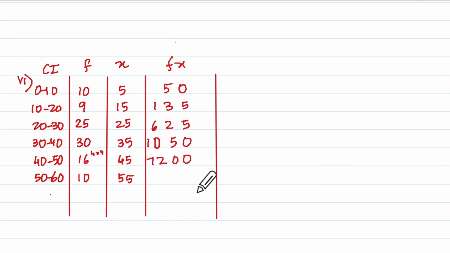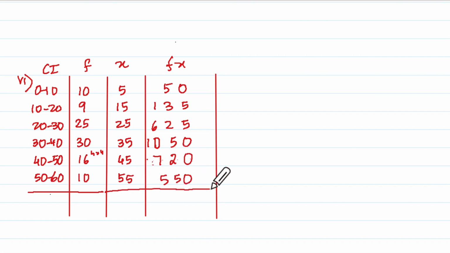Agreed? Hey, 1 minute, what am I doing? 55 and 20 is 550. Sorry, 7200, sorry, mistake here. It is 720 only. So 180 into 4 is 720.